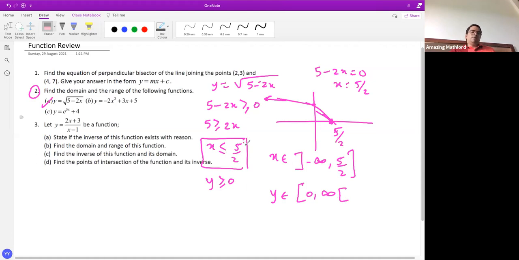Any format is fine, but I would recommend this one for writing your final answer. So that's the domain and range of this particular question.